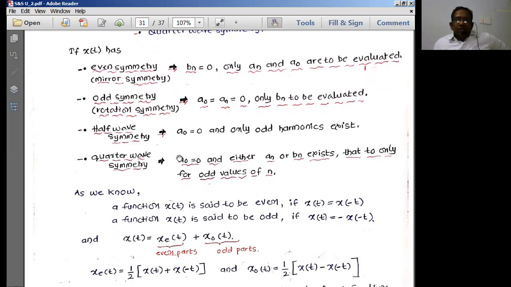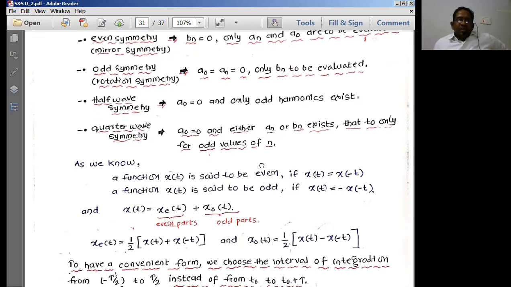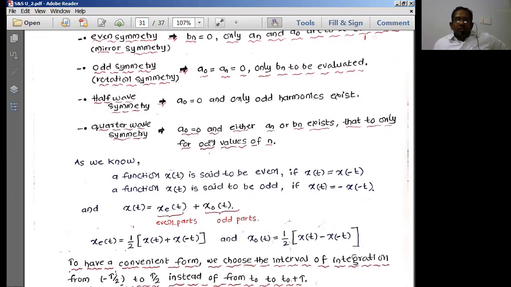For half wave symmetry, a0 is equal to 0 and only odd harmonics exist. For quarter wave, a0 is equal to 0 and either an or bn exists, that too only for odd values of n, something like 1, 3, 5. Only for odd values of n do we have the coefficients of the Fourier series.